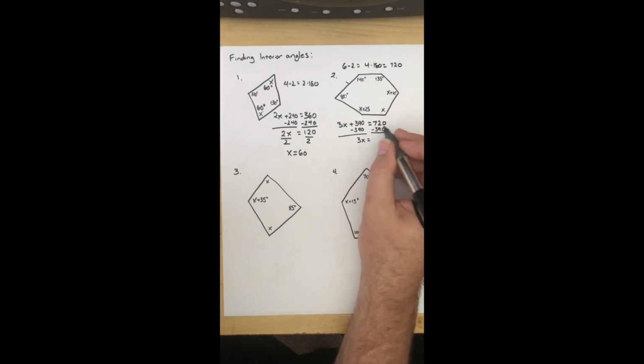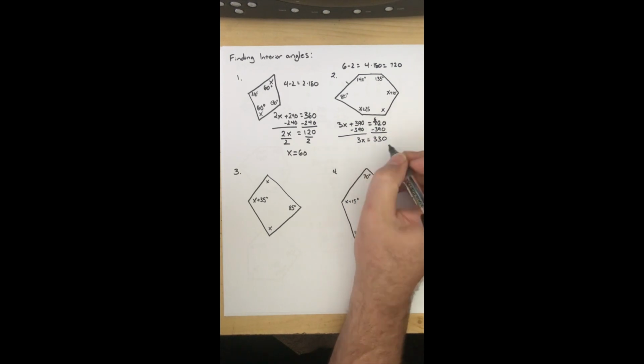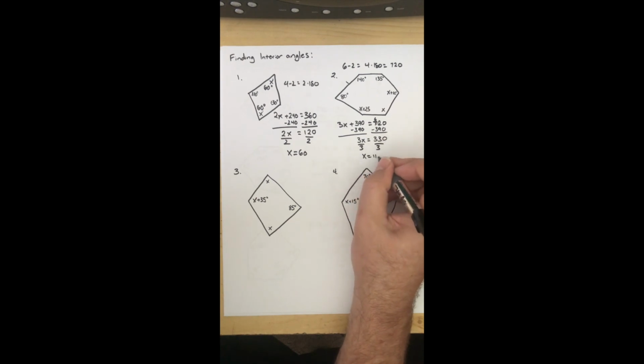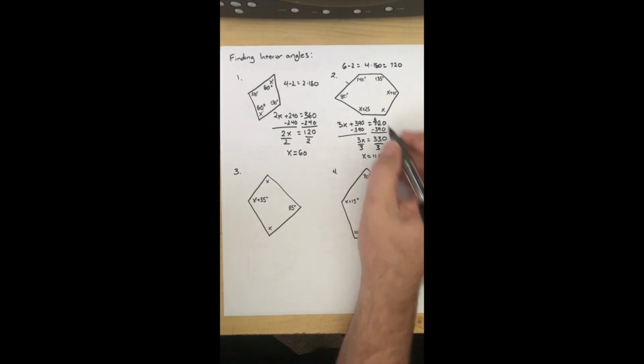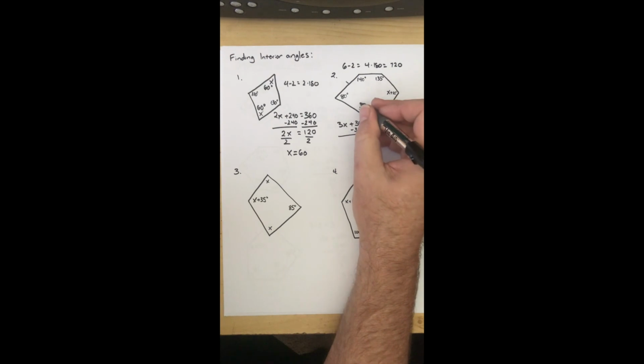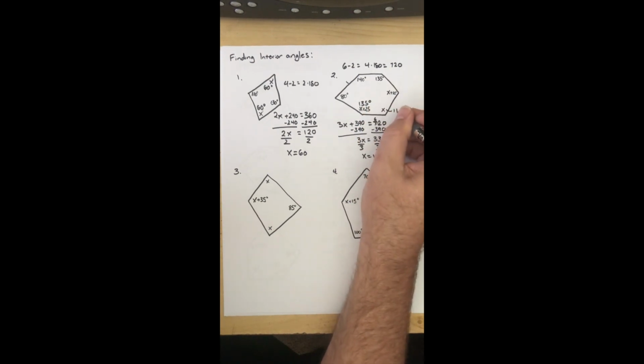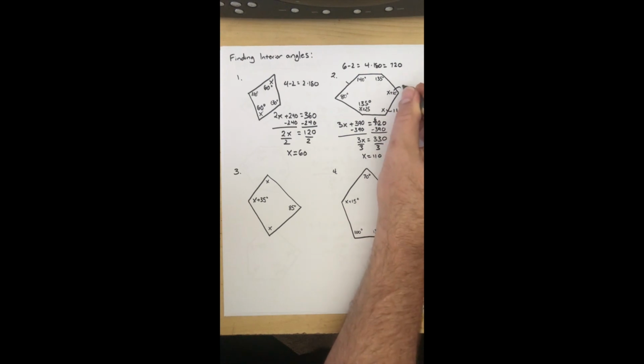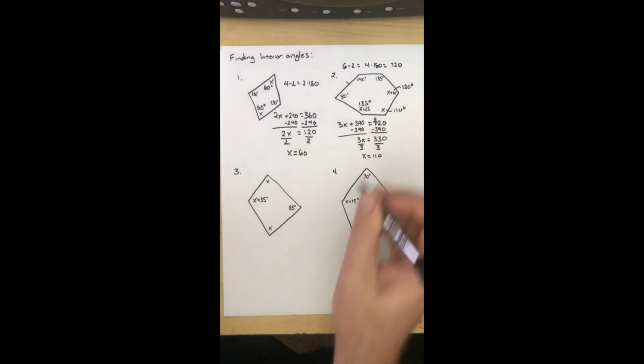So 400, that's going to be 320 plus 10 more is 330. Or you would borrow 12 minus 9 and 6 minus 3. Divide by 3 and you get x equals 110 degrees. So that's 110 plus 25, so that's 135 degrees there. This one is 110 exactly, and this guy's 10 more, which is 120.